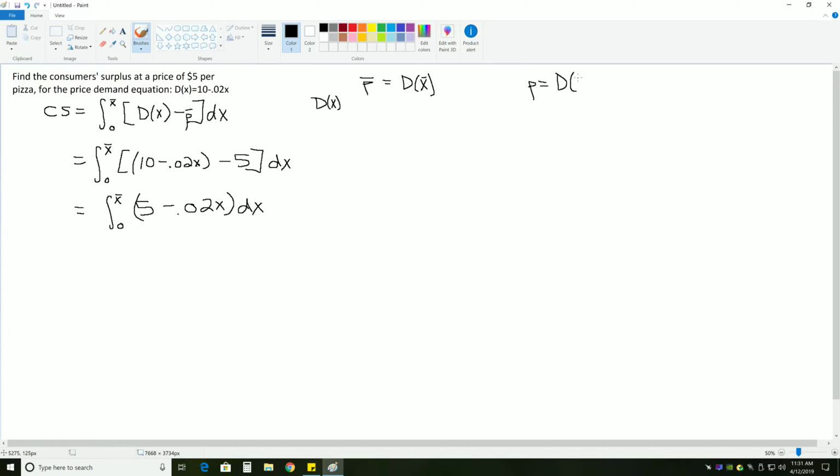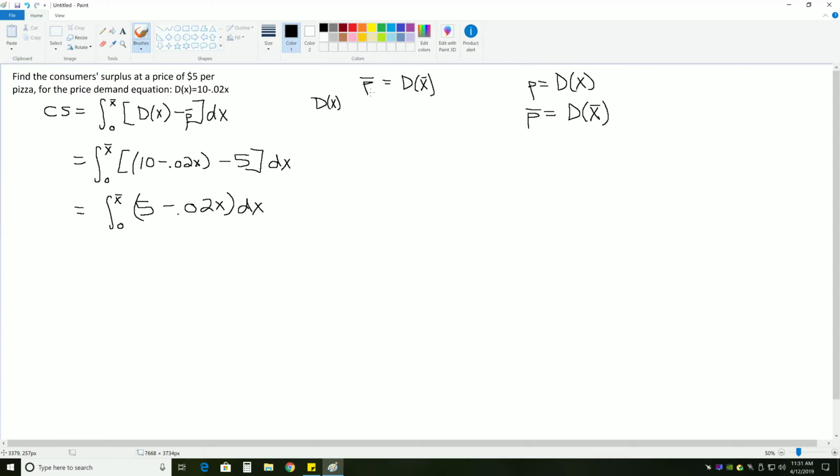So if you plug x bar, the quantity sold, into the demand equation, you'll find out what price was used to get that quantity sold, which is p bar.